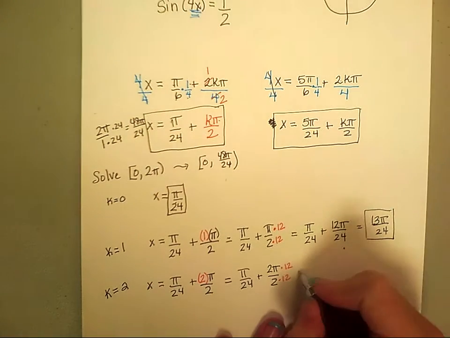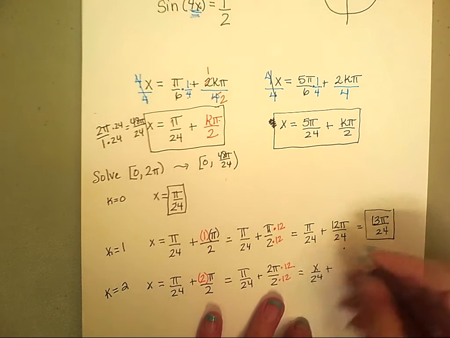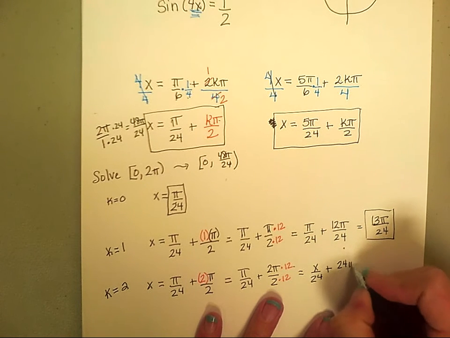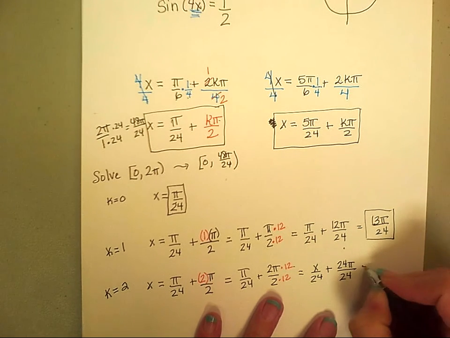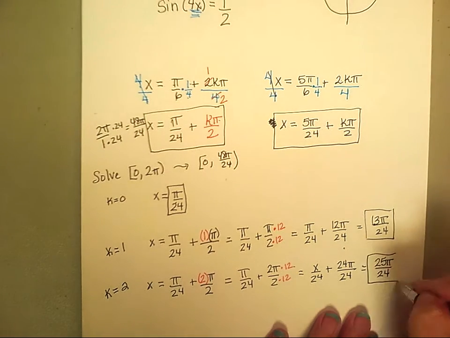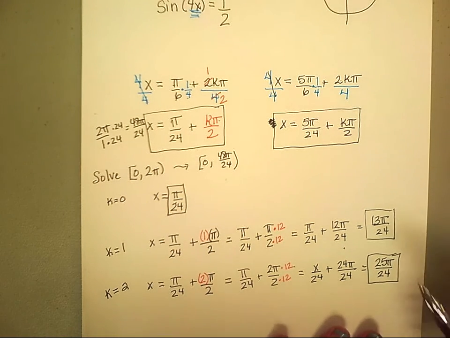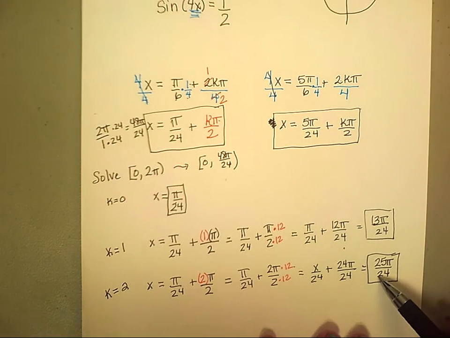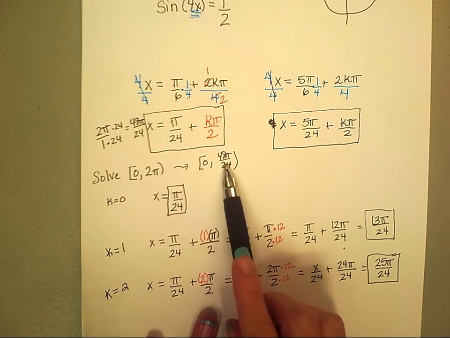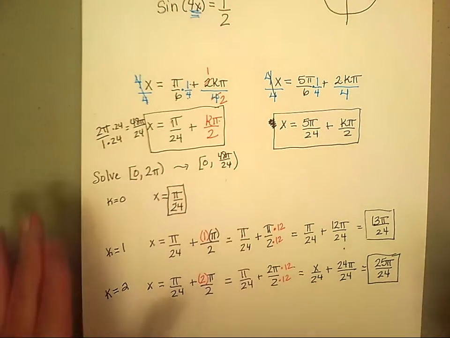So this becomes π over 24 plus 2 times 12, which is 24π over 24. And then adding together, now that we have the common denominator, is 25π over 24. This is our third angle. Notice that 25π over 24 is nowhere near 48π over 24, so we keep going.